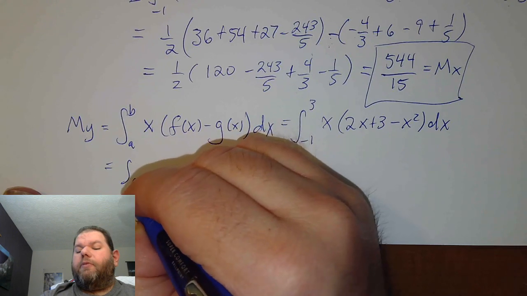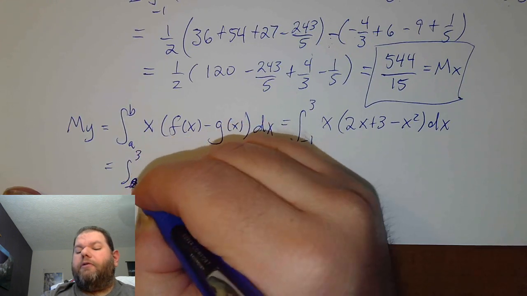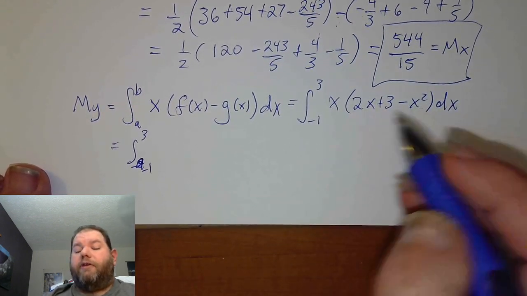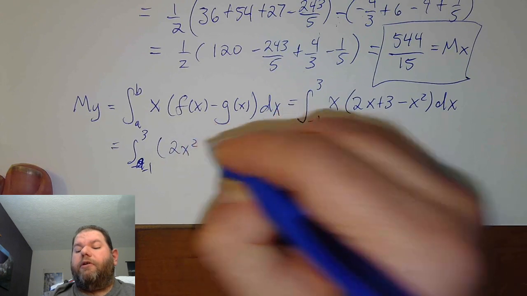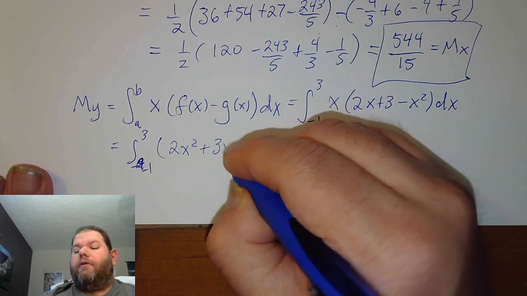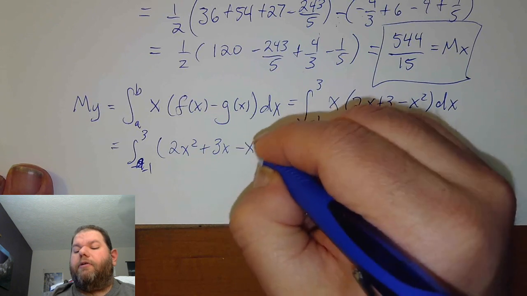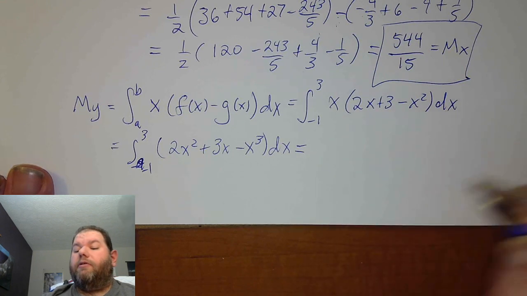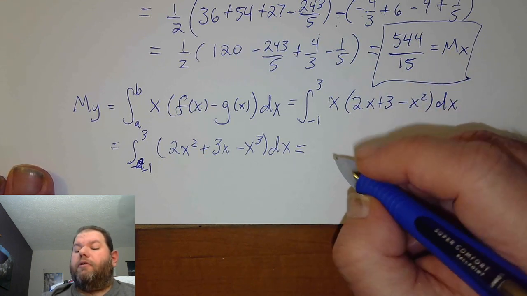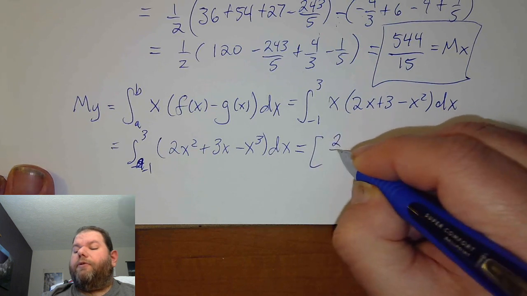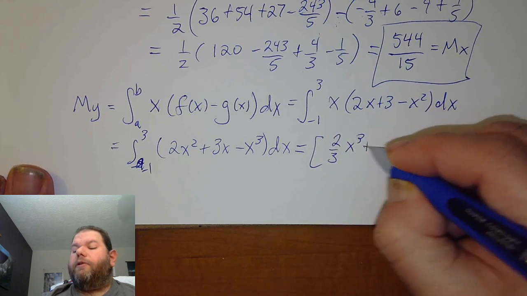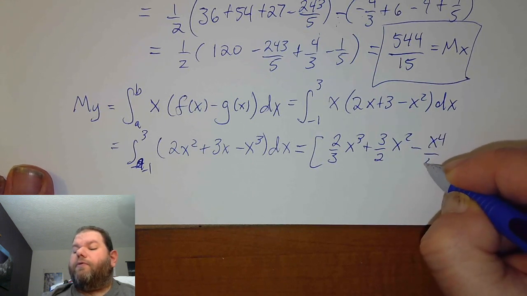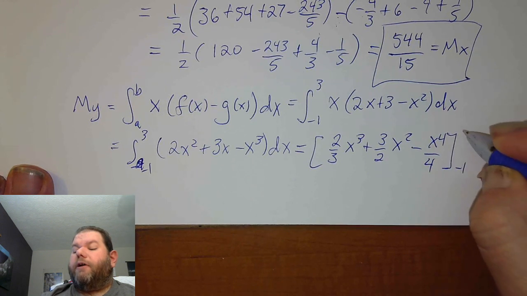Go ahead and distribute the x first, so it's actually 2x squared plus 3x minus x cubed. And then we integrate, which means we'll have 2/3 x cubed plus 3/2 x squared minus x to the 4 over 4, evaluated from negative 1 to 3.